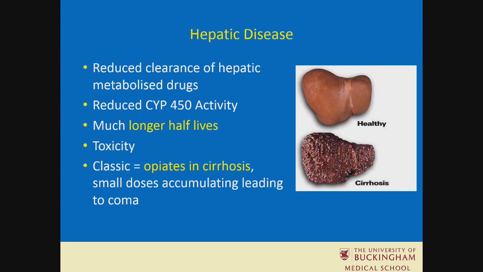And then, of course, they'll accumulate, and opiates are not good drugs to accumulate, so you could end up precipitating a coma, without trying to help the person's pain but inadvertently putting them into a coma because of liver disease. So, obvious again, two very important organs in the metabolism and excretion of drugs, and kidney as well, not only the excretion of drugs but also to a large extent metabolism of drugs.